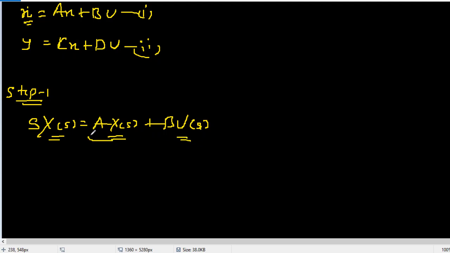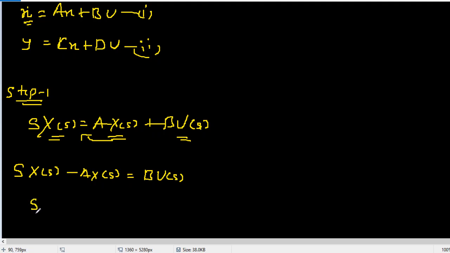This one comes here. This one remains here itself, and so this equation becomes X.